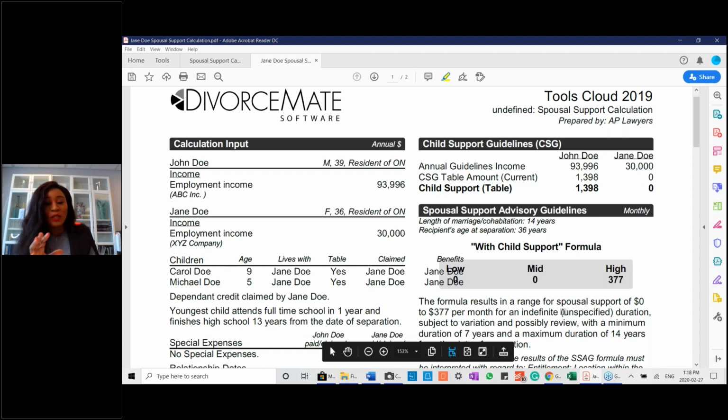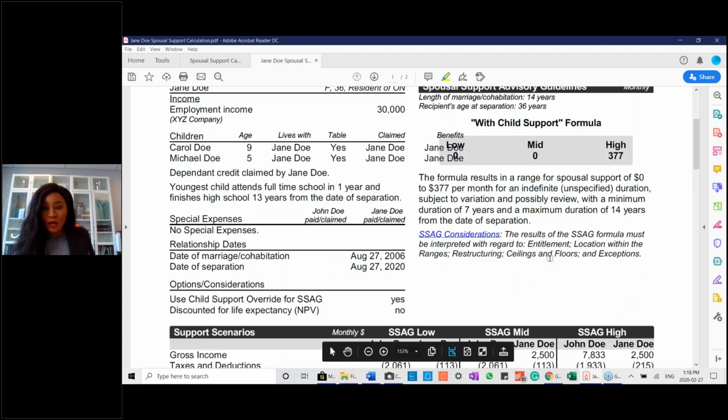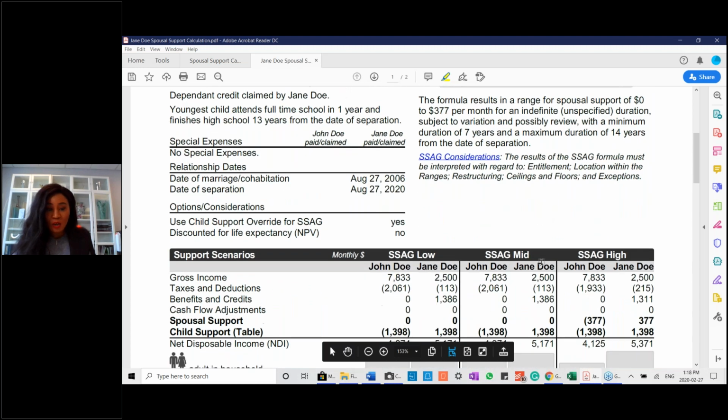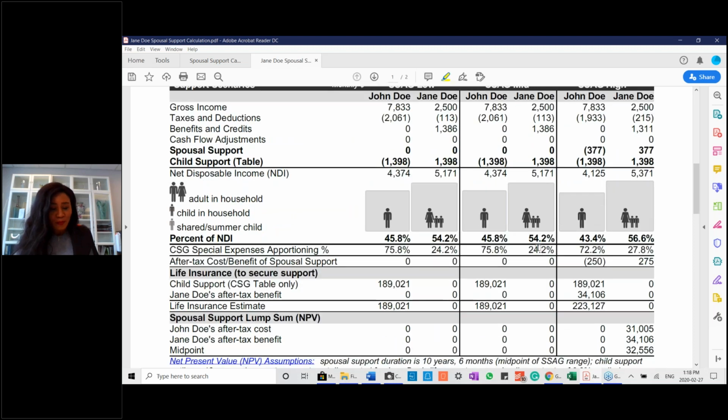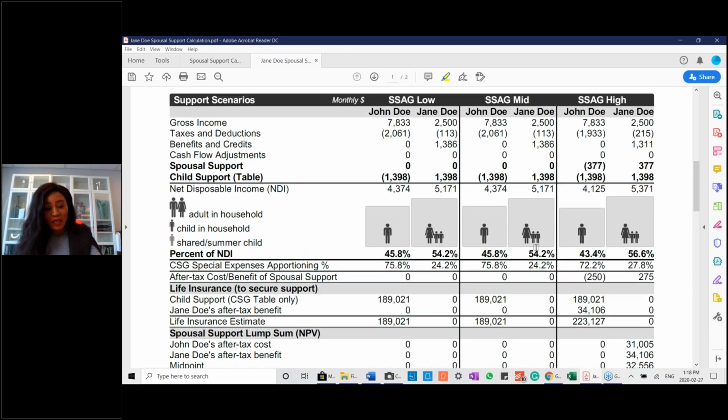And in calculating the amount of spousal support that's going to be paid, the various tax positions are considered. If you go to the bottom of this page, where it breaks down the calculations, you would see how the taxes and deductions are factored in to come to a final figure.